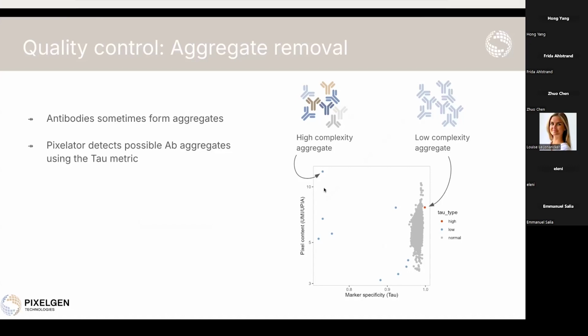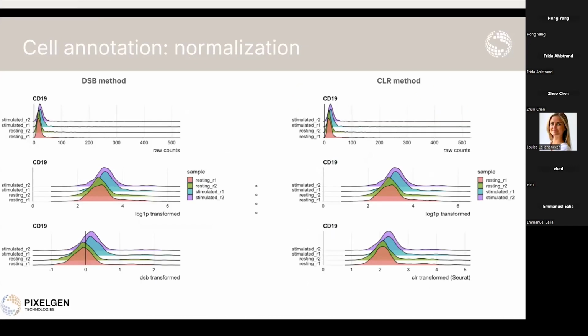So these come pre-labeled. Every single component will be labeled by the Pixelator pipeline. So everything that is either a high complexity or a low complexity aggregate will be already labeled as such and can be filtered. But if one wishes to inspect that data in more detail, of course, that can be done as well.